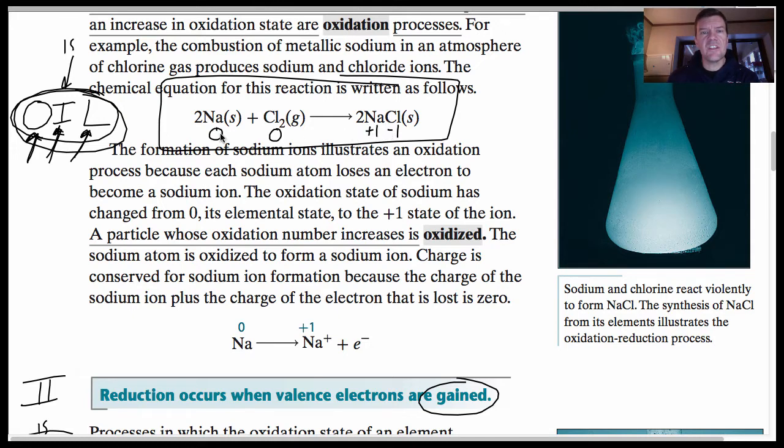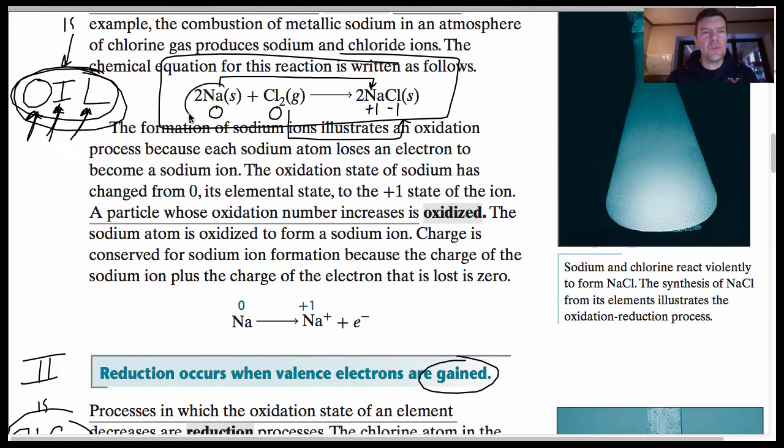So did the oxidation numbers change? Yes. Sodium went from 0 to +1, and chlorine went from 0 to -1. From one side to the other side, the oxidation numbers changed. That indicates we have a redox reaction. Well, who gained and who lost? Sodium went from 0 to +1.